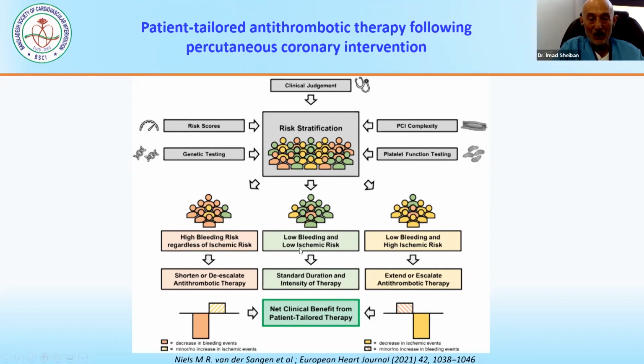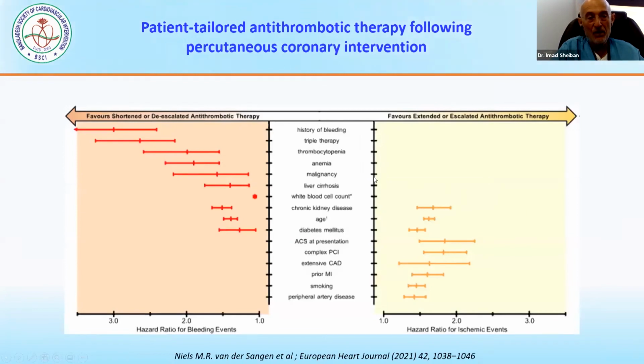In this category, that means the middle one, this is the most simple, where we can keep the standard duration. That means at least 6 to 9 months of DAPT, while in the other, that means in high bleeding risk regardless of ischemic events, it should be shortened, and this will reduce the bleeding without affecting the outcome.